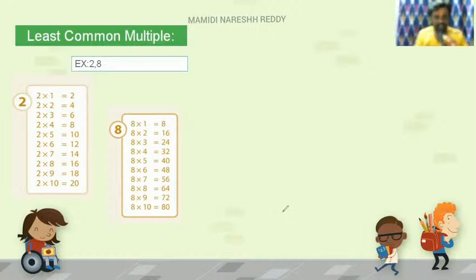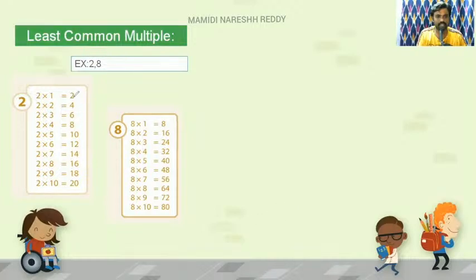Let's see once again the least common multiple. 2 table: 2 1s are 2, 2 2s are 4, and 8 1s are 8. Here the multiples of 8 start from 8. That's why 8 must be a common multiple of the given numbers. One more number, 16, and here also 16.